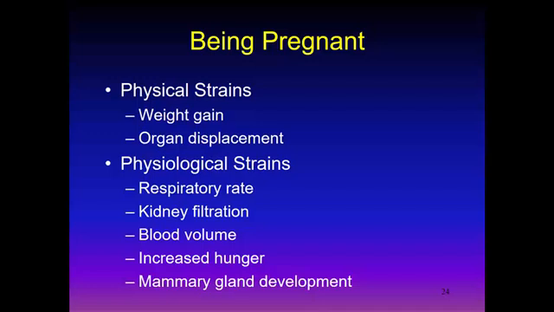Up to 30% more food is required to maintain the life of a baby, so the woman has to eat more, and yet her stomach is being pushed up by the uterus, making it feel fuller but also more likely to have heartburn. Your kidneys must filter more waste. Glomerular filtration rate increases up to 50%, but the bladder can't hold as much, so urination is more frequent. Of course, mammary gland development is also occurring during this time.